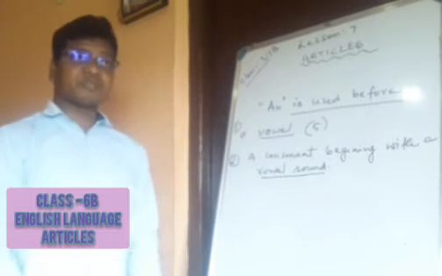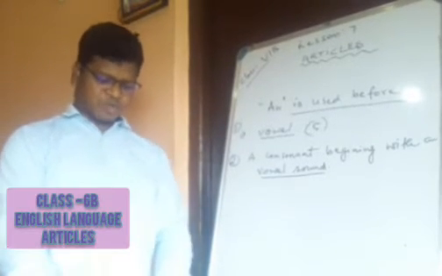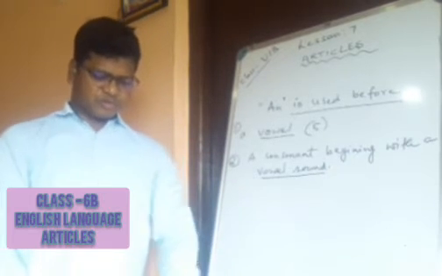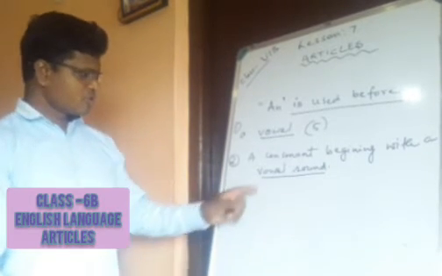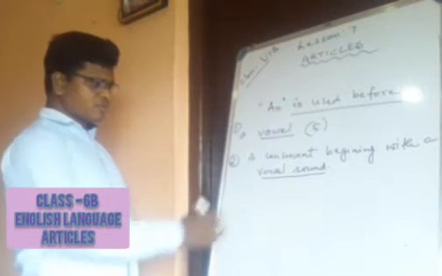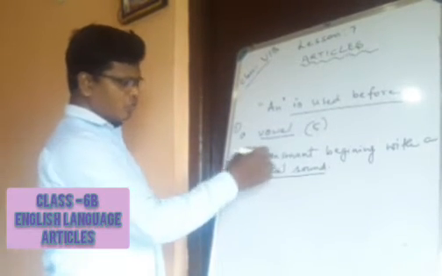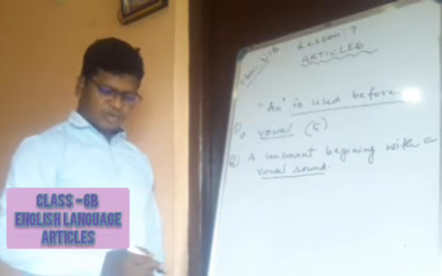Vowel sound. So it depends on the pronunciation as well. We are going to see those words where it happens. Just like when we talk about consonantal sounds. These are all consonantal sounds.